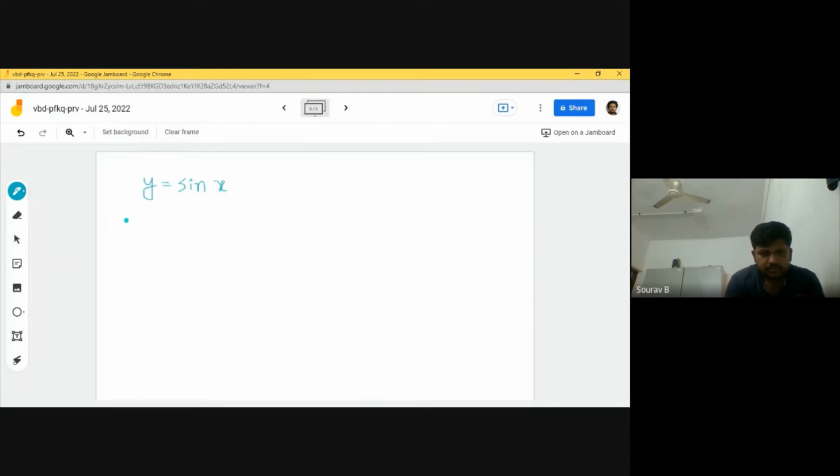The domain of x is, not 0 to 2 pi, the domain is infinite, minus infinity to infinity.